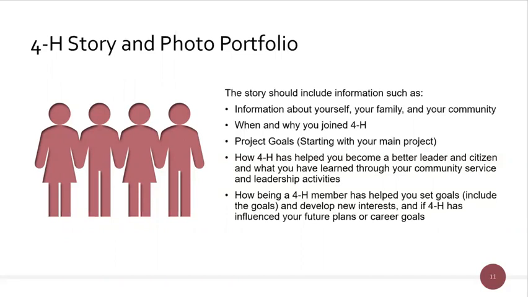Whatever your project focus is on, that should be the title of your story. You can have a subtitle also if you would like, but that is the main part, the first page of your story. You should also include information about yourself, your family, and your community, when and why you joined 4-H, and what your project's goals are.